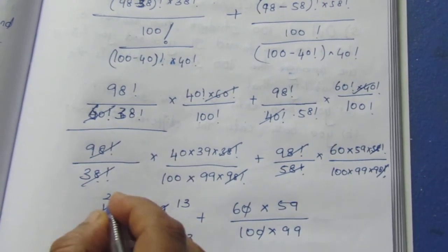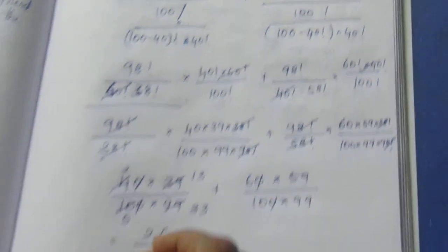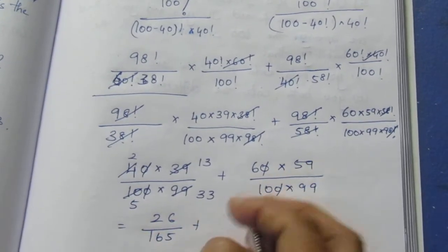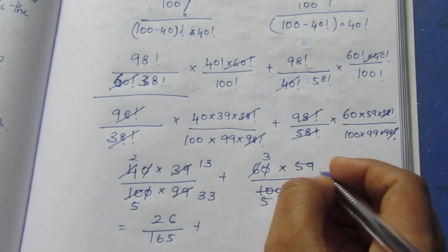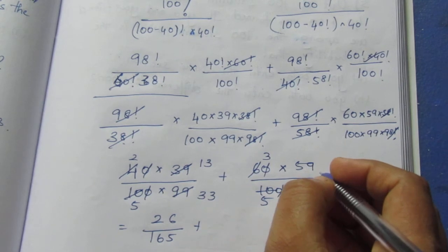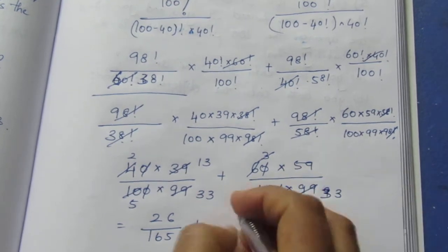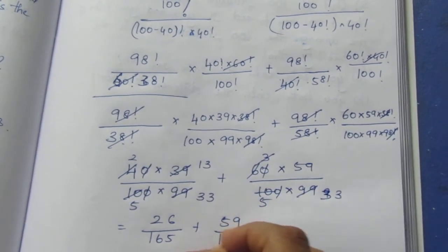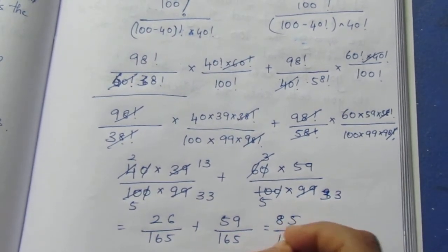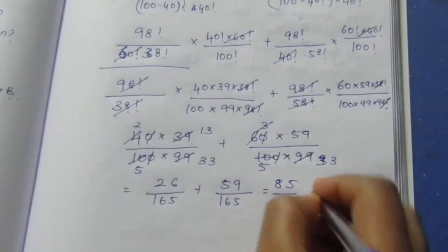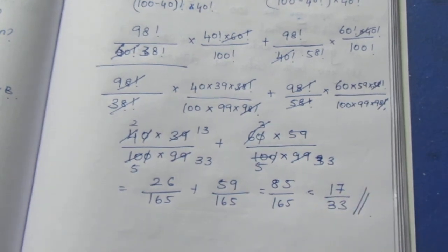Now 2 twos are 4, 2 fives are 10. It is 26 by 165 plus, here it is 2 threes are 6, 2 fives are 10, 3 threes are 9. So it is 59 by 165, which is nothing but 85 by 165. We can cancel this both. It goes in 5 tables.